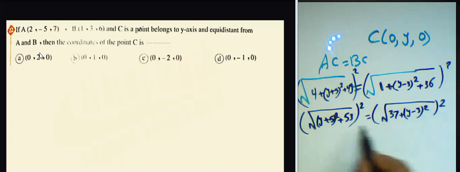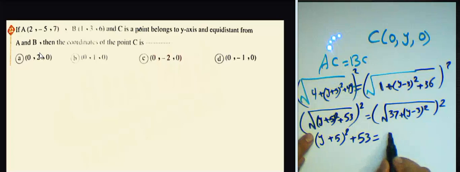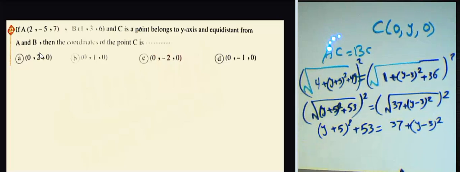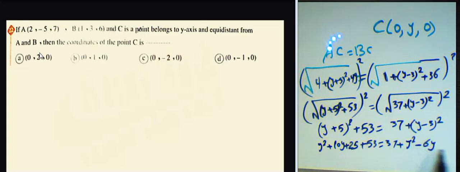Then simplify: y power 2 plus 2 times 5 times y, which is 10y, plus 25 plus 53 equals 37 plus y power 2 minus 6y plus 9.